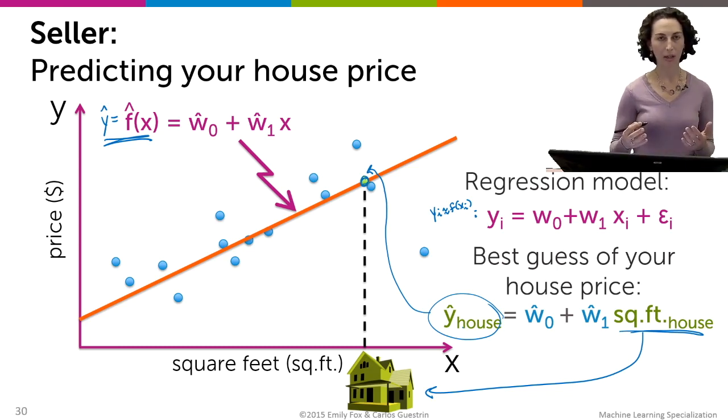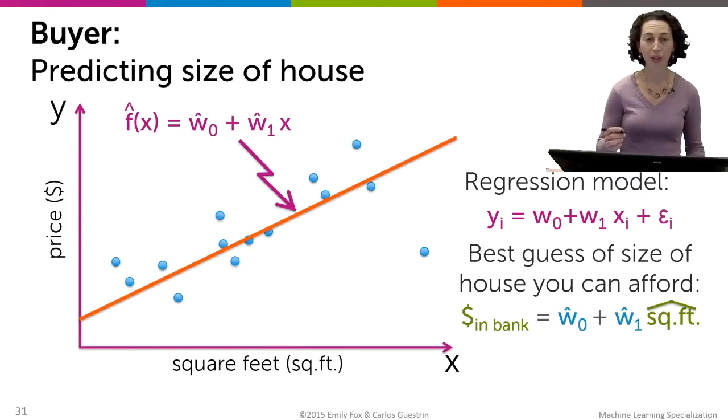And why is that? That's because the error is equally likely to be above or below the line. And f hat represents our best guess of the line given our data. And so if we want to guess the value of the house, we're unsure if that error for that specific house was above or below the line. So our best guess is to put it exactly on the line.